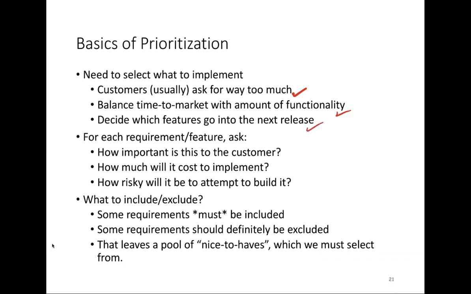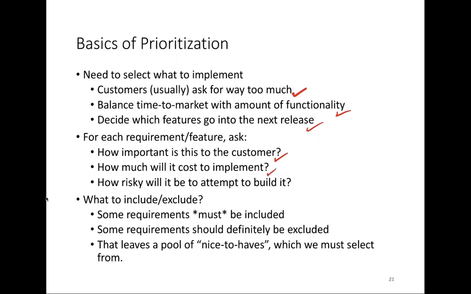Also, in order to assign a prioritization level to each requirement, there are a couple of things that you should elicit or have information about, including how important this is to the customer, which is another part of being important to the entire system. And how much will it cost to implement?